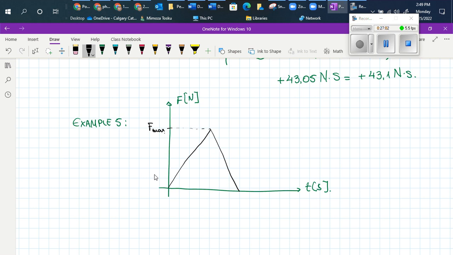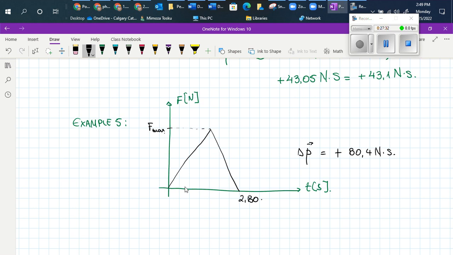And this is 2.80 seconds. Now, what we know is that the change of momentum is positive, let's say, 80.4 newtons times seconds. And whatever the positive is, again, we don't worry, it's not our focus.